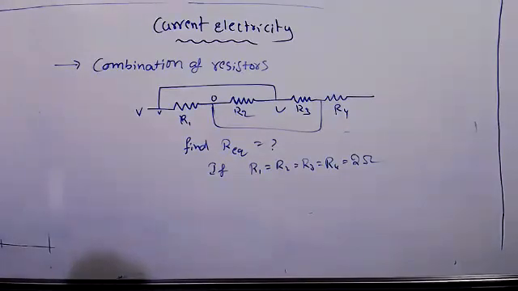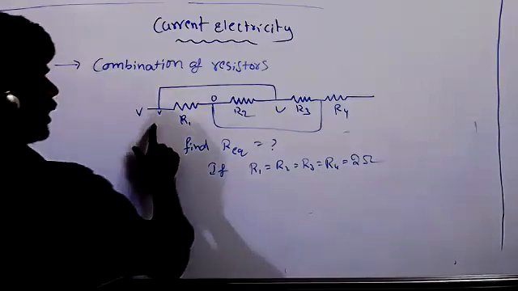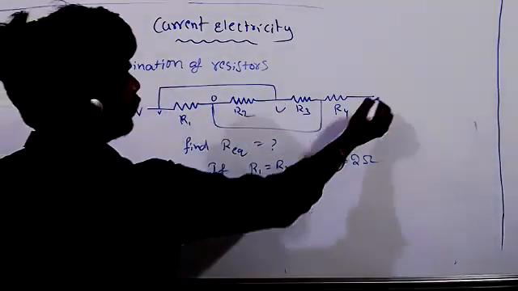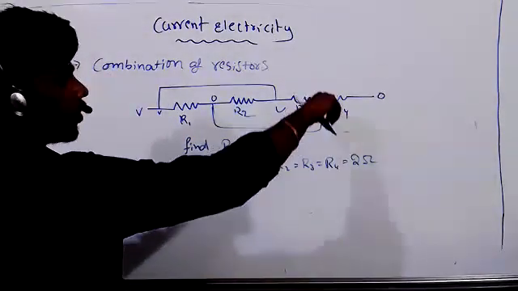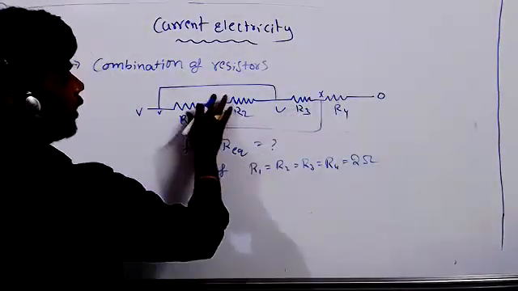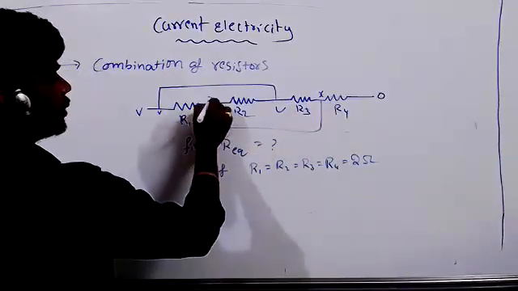Tell me which resistors are in series, which resistors are in parallel. What you have to do? It is V, along this V, here also V. It is O, but you can't give O here because you are crossing the resistor, so give some X. If it is X, come here along this, it is X.